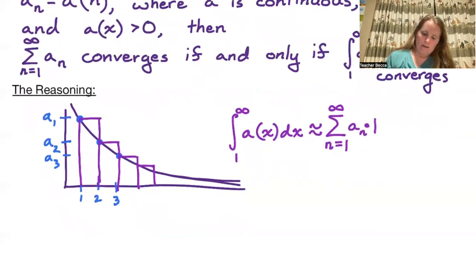So each rectangle has height a sub n and width of 1.